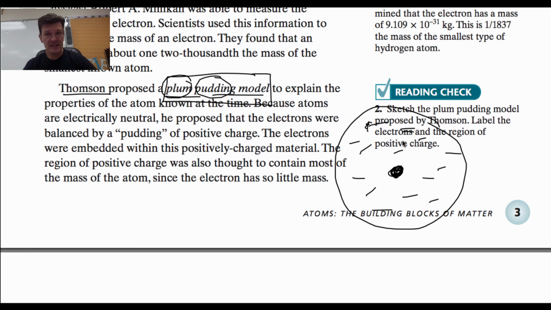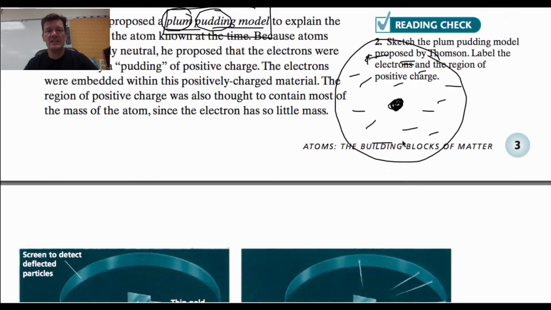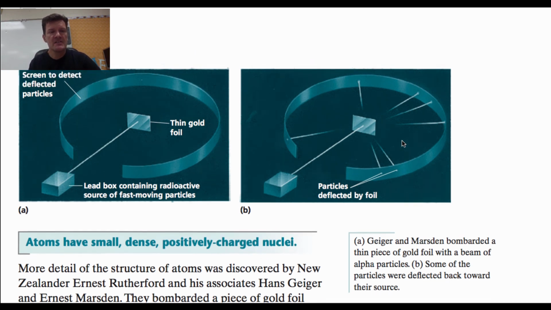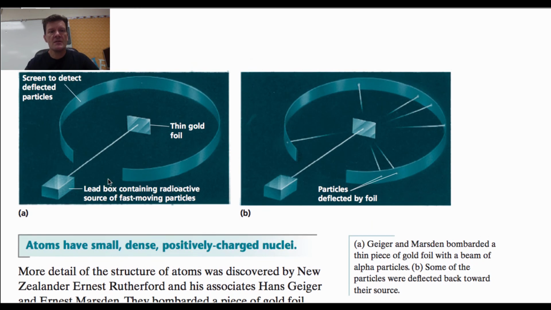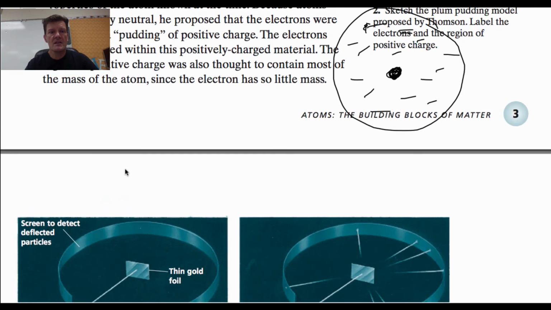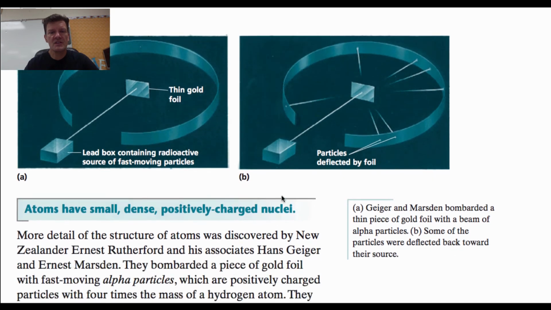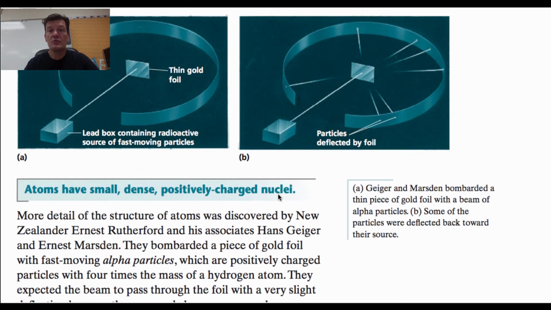That's not exactly how it is, obviously. We're going to learn more about that, but you just need to understand his concept back then. The other experiment that I would like you to understand is this idea of a thin gold film, or foil here, and what was discovered about the nucleus from this experiment.